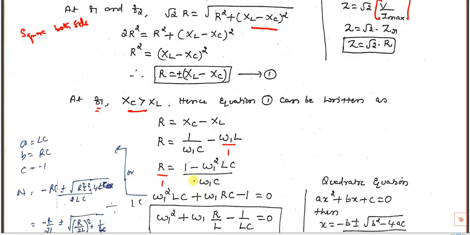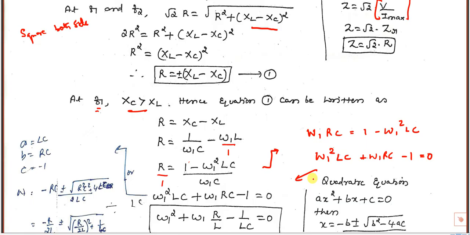You are going to get omega 1 RC is equal to 1 minus omega 1 square LC. Bring this term to the left side, so the minus becomes positive, and you get omega 1 square LC plus omega 1 RC, and bring the one to the left side as well. You are going to get the same answer.